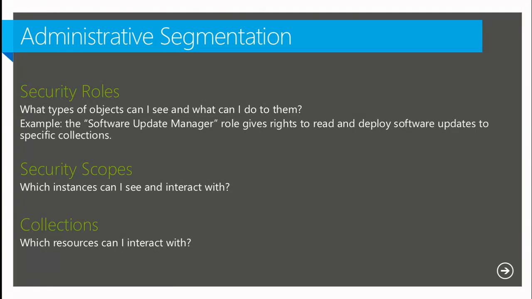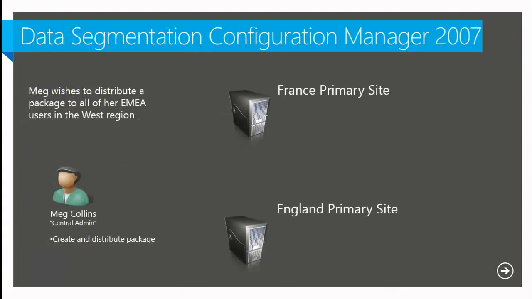So that's one of the reasons why I was going to throw up another short little demo. Another one was, I just don't understand how this is going to help me remove my sites and minimize my infrastructure footprint and keep my costs down in the organization. We'll quickly go through that through the different pieces of security roles, scopes, and collections.